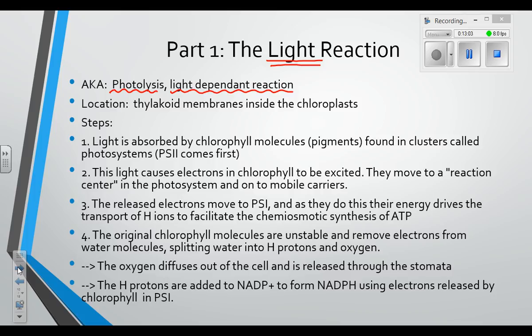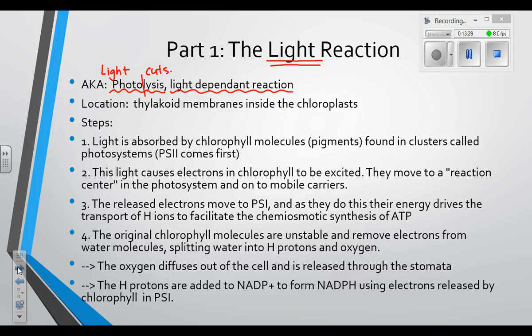I just want to key in on the word photolysis. Photo, anywhere you see it in a word, means light. So a photograph is a picture out of light. Lysis, we already saw, cuts or breaks, like hydrolysis was when water cuts. Photolysis is when using light is going to help cut something apart.